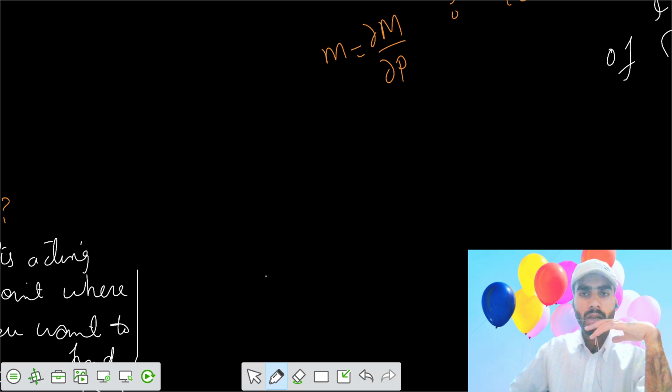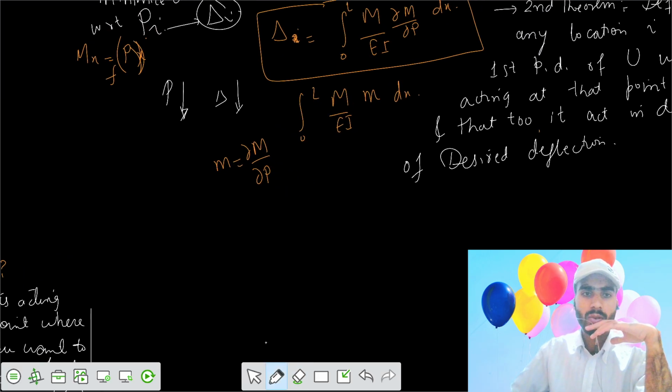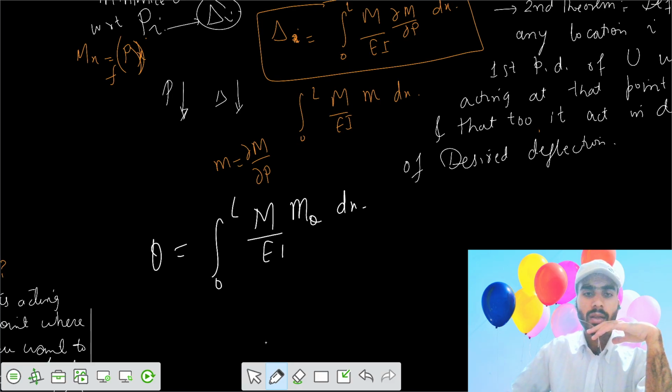Similarly, if you have to get the value of the slope theta, you can write it in terms of theta also. Say you need the value of theta at any location I. You integrate the moment function M, and I would give it a notation m theta dx by EI.